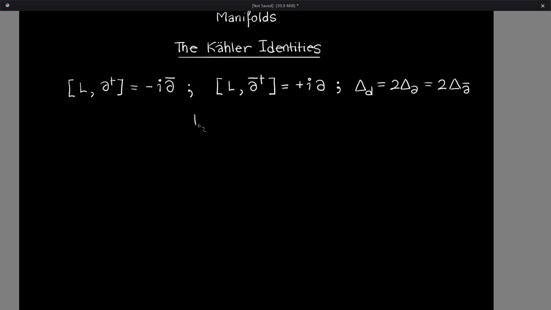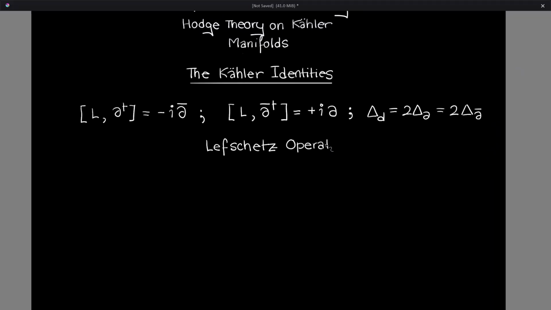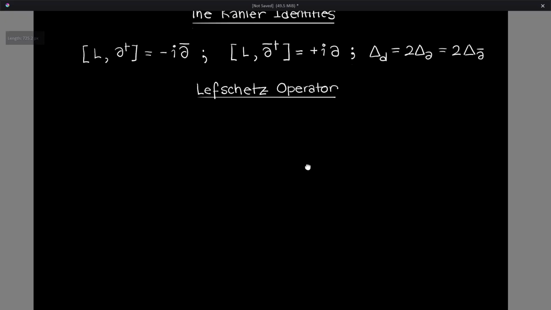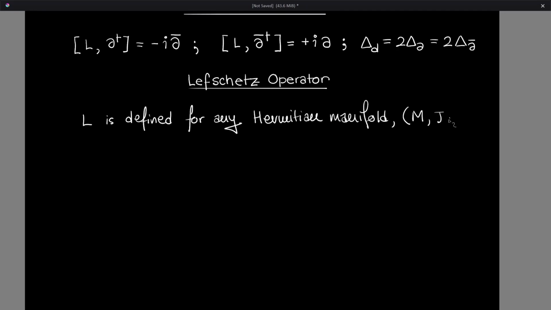The spelling of Lefschetz is a little difficult. This is an operator that one can have on a Hermitian manifold. We'll see why in a second. The Lefschetz operator L is defined for any Hermitian manifold (M, J, h).